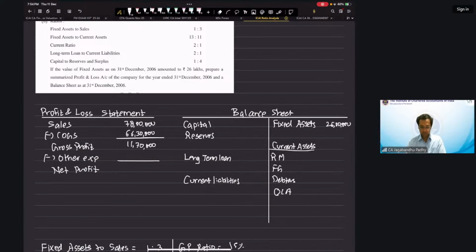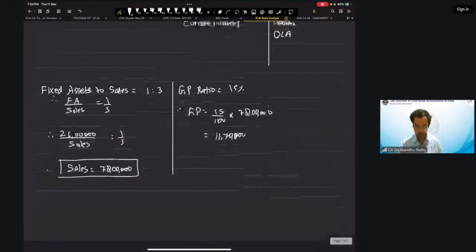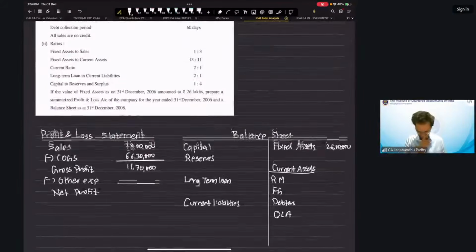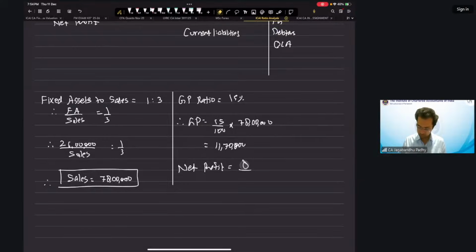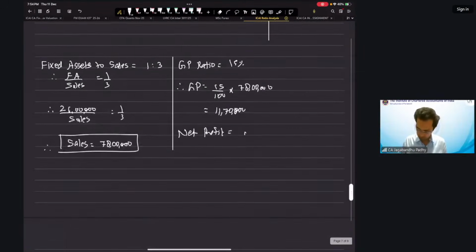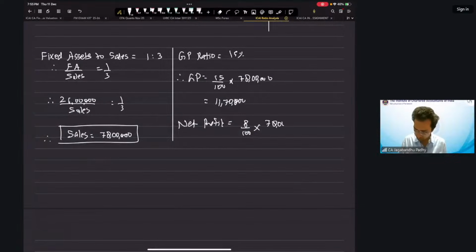Then other expenses. For that, we need to look at the net profit number. You can definitely calculate the net profit. Net profit is 8% of sales, so this is 8 by 100 of the sales value, which is 78 lakh.